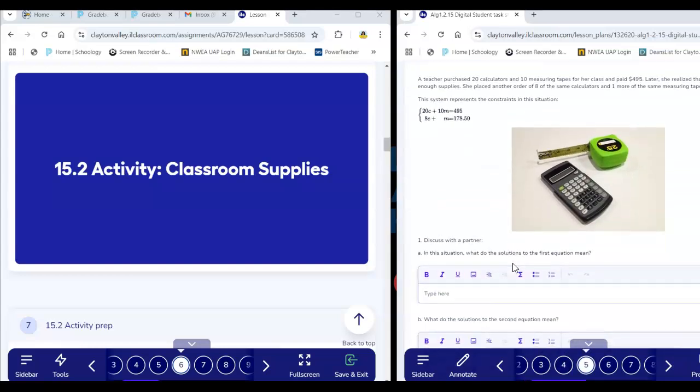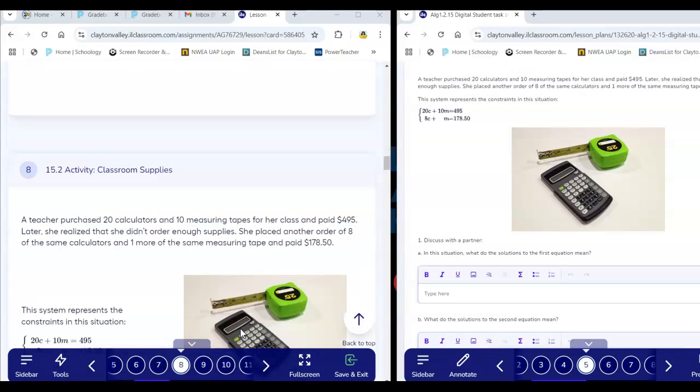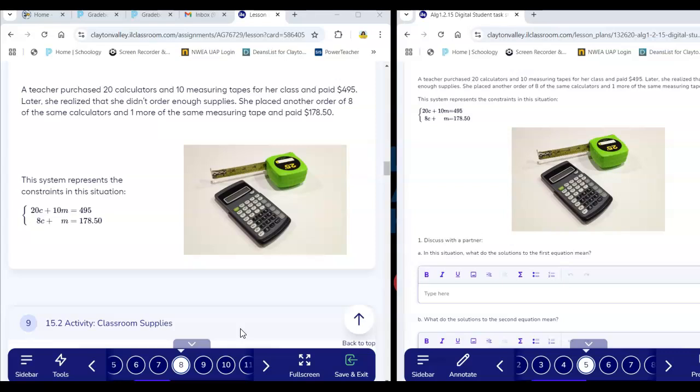So here you've got a teacher and a classroom. And this teacher purchased some calculators and some measuring tapes. And she paid this much money for them. Later, she realized she didn't have enough supplies.